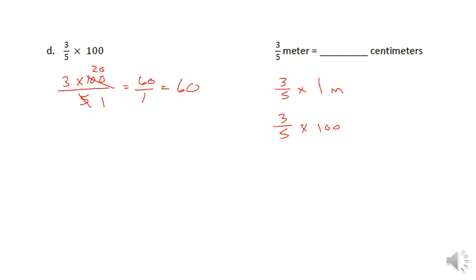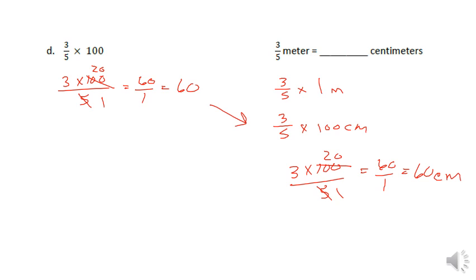So now I'm going to change this to 100 centimeters. So now, when we multiply it out, we get 3 times 100 over 5. Taking out the 5s out of the 100, we end with 60 over 1, which equals 60 centimeters. Okay? Just showing the correlation between the two we've been doing.